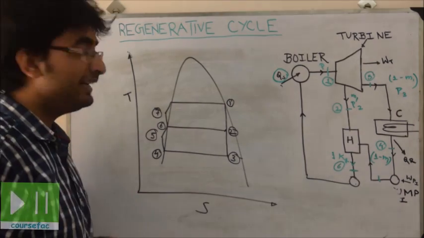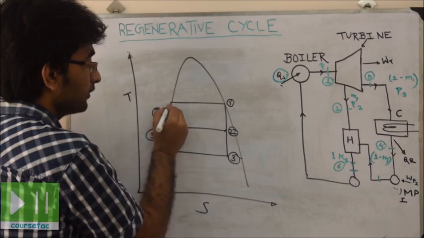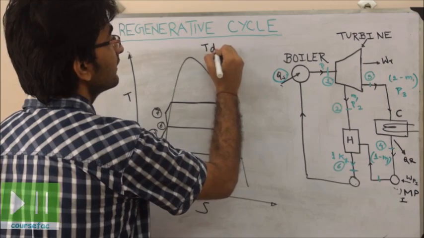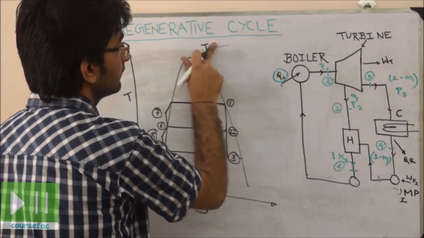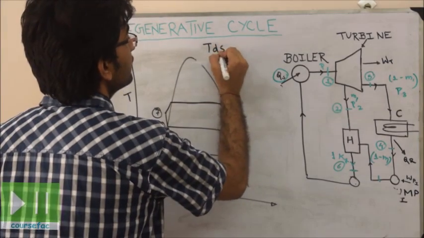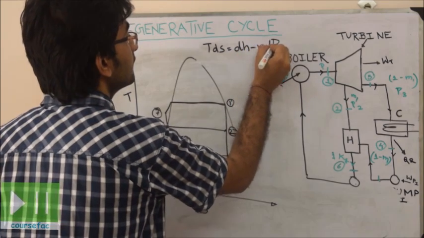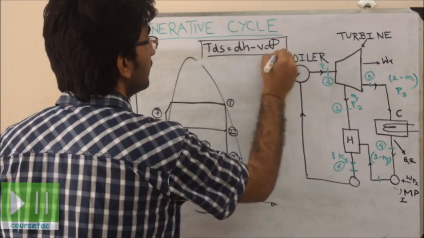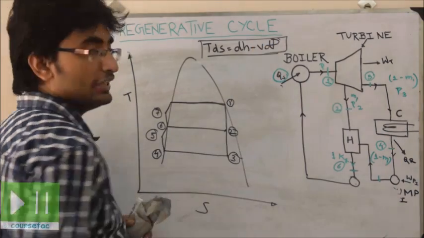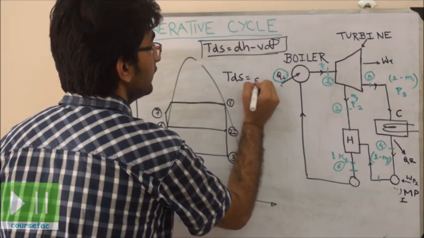Now, the mean temperature of heat addition in this cycle is during this process from 1 to 7. As we know, TdS is equal to dH minus VdP. During this process, 7 to 1, as it is an isobaric process, dP, that is change in pressure, is equal to 0. So TdS is equal to dH.